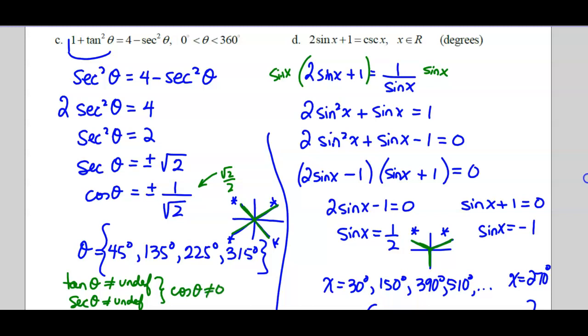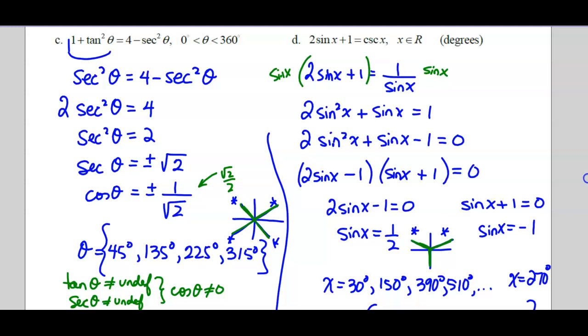Notice how when we did our work, we got down to cos theta equals this. Cos theta did not equal 0 here. So I don't have to go any further in terms of a restriction. If this was my restriction, and that was my actual last part of my equation, then obviously these would be extraneous solutions. But this is not 0. So if it's the same trig ratio, you don't have to worry about restrictions.